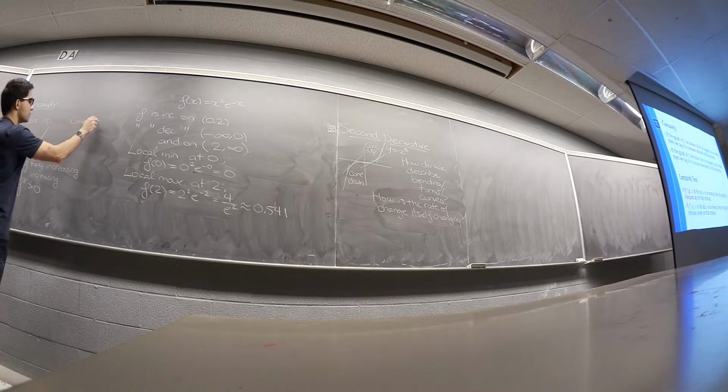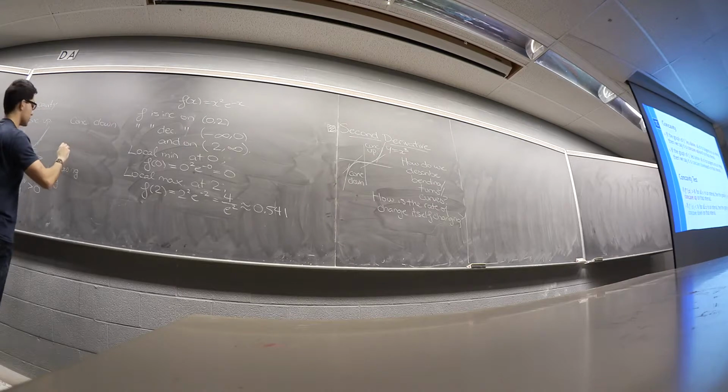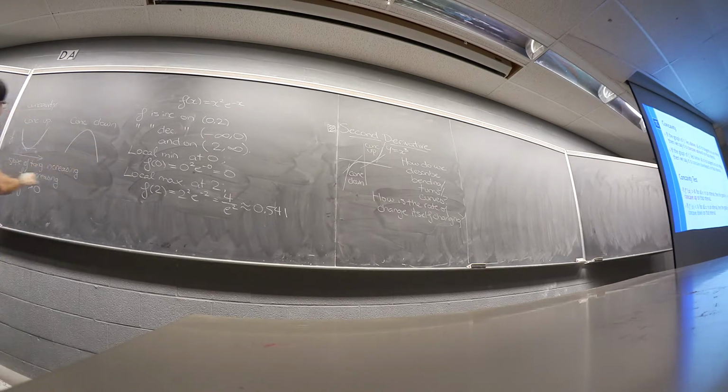Concave down. For f, in this case, the second derivative is negative. And that's what that second thing says, the concavity test. If the second derivative is positive on an interval, then the graph is concave up.